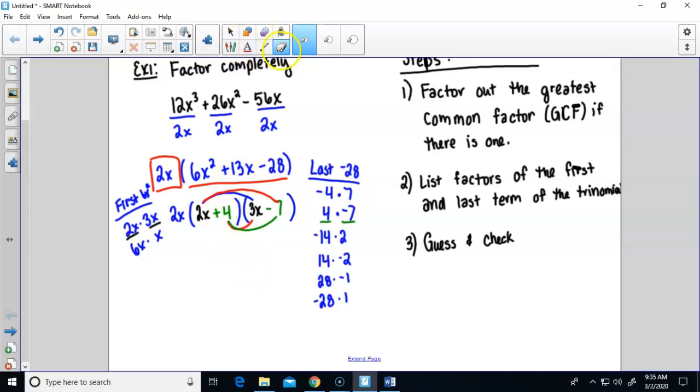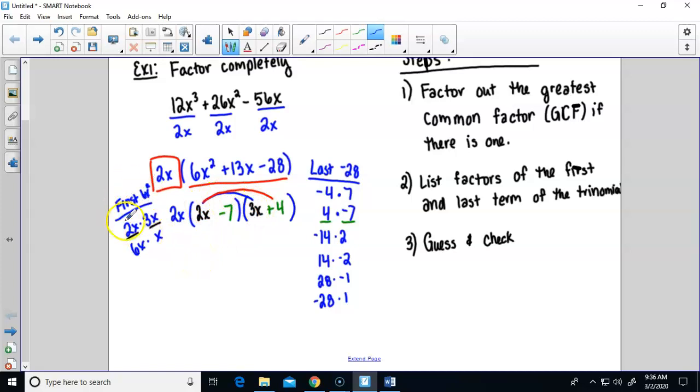Now, before I try different numbers, especially when you got a 2x and a 3x, it might work if we just switch where they're at. So before I try different numbers, I'm just going to switch the 4 and the 7. So I would have a minus 7 right here and a plus 4 right here. Okay? And so if I check here, are you guys okay if I don't write this part down? 2x times 3x is 6x squared.